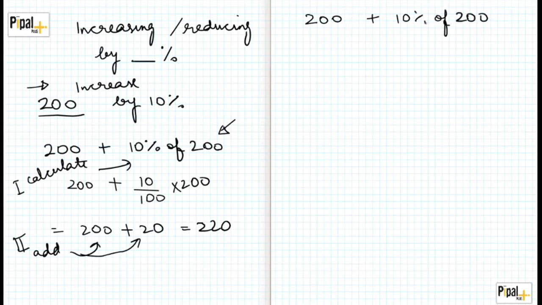So what if I take 200 common, right? I am left with 1 plus 10%, right? So from here I take 200 common, and from here I take 200 common. So 1 plus 10%. Now I know that 1 is equal to 100%.